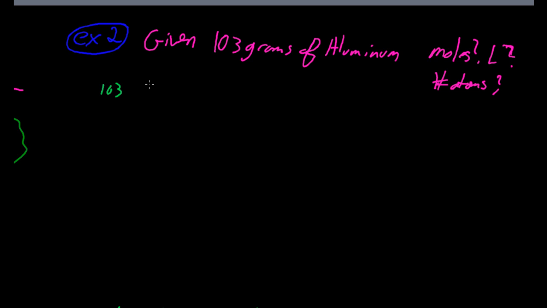So let's keep that in mind. 26.982, I think, but 26.9 will do. So 26.9 grams per 1 mole. And this is grams right here. So this is a little bit different from the last one we did.